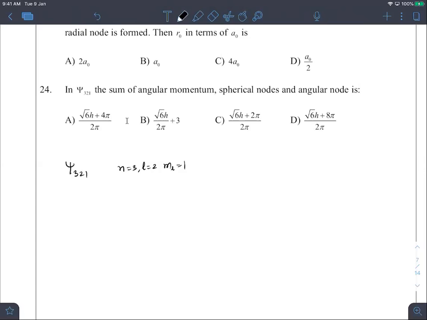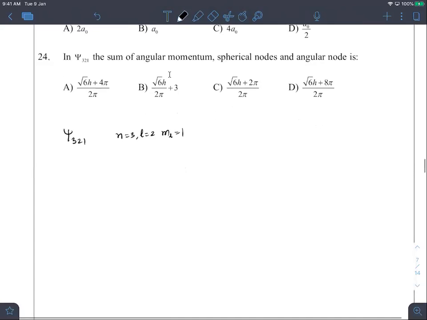Yes. Okay, the maximum Z component of the orbital momentum. The H star which you see, right, beta, which means it is H by 2 pi, you know that, right? Yes, sir.